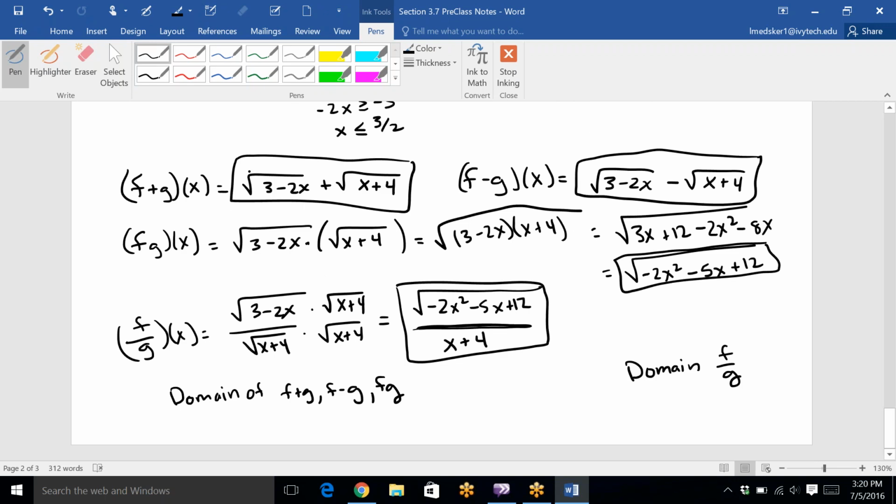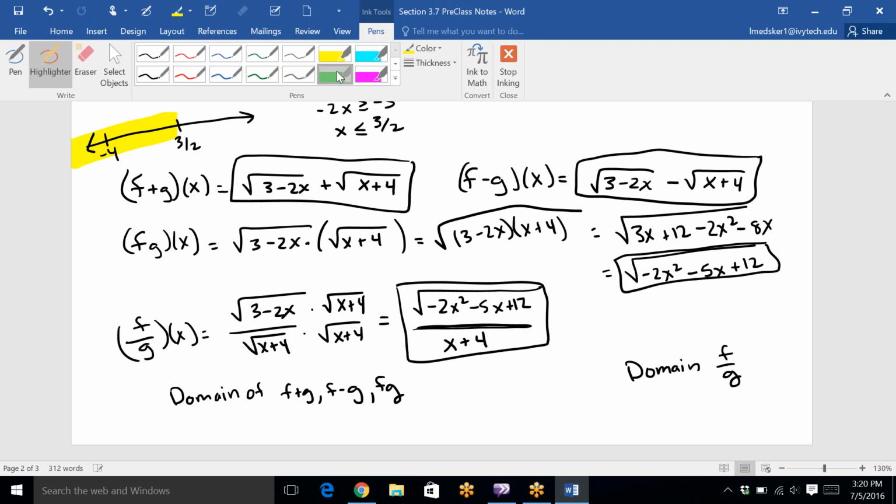Okay, so if I draw a number line, let's just draw it up here. Here is 3/2. The other number we were concerned with was -4, which is going to be to the left of that one. My first domain had to be less than or equal to 3/2.